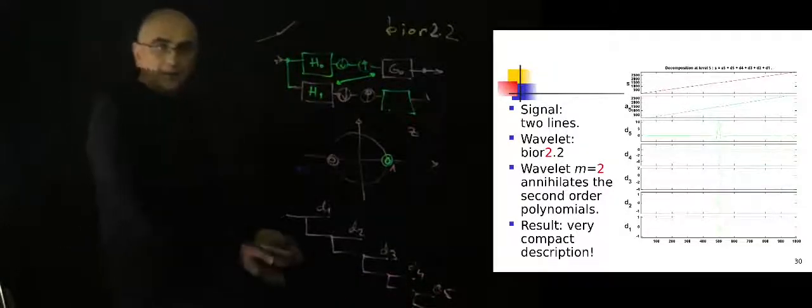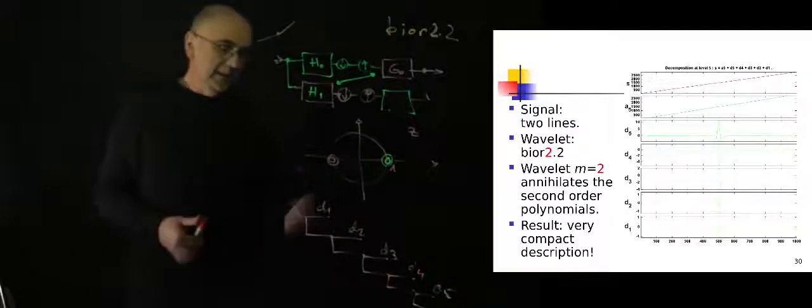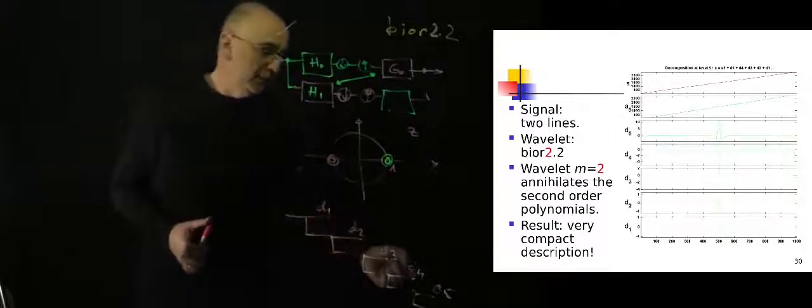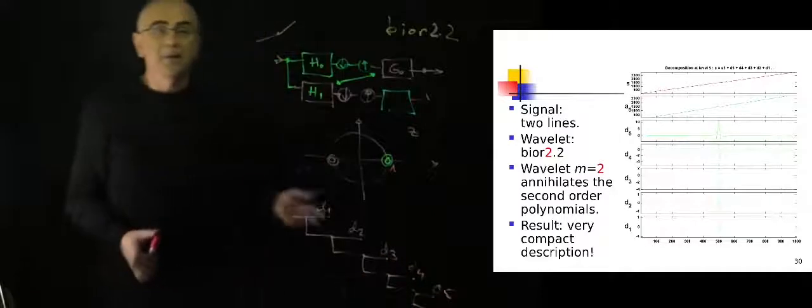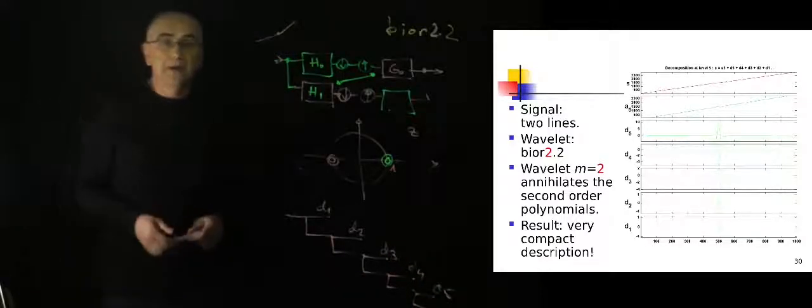So from the bottom up we can see D1, D2, D3, D4, D5 and the remaining approximation coefficients A5.